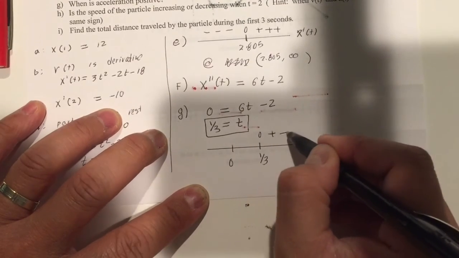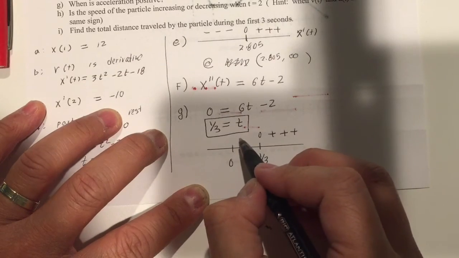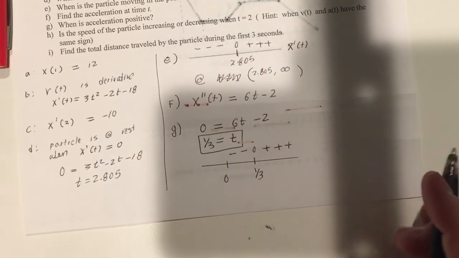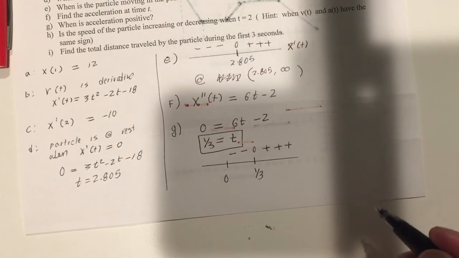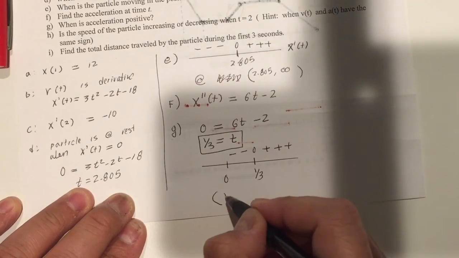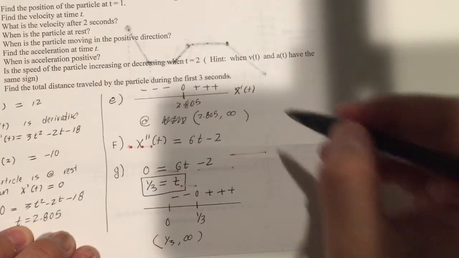That will give you positive. Pick a point to the left of 1/3. That should give you negative. Okay, so we can now answer the question: when is acceleration positive? Acceleration is positive between 1/3 and infinity. So after 1/3, acceleration is positive.